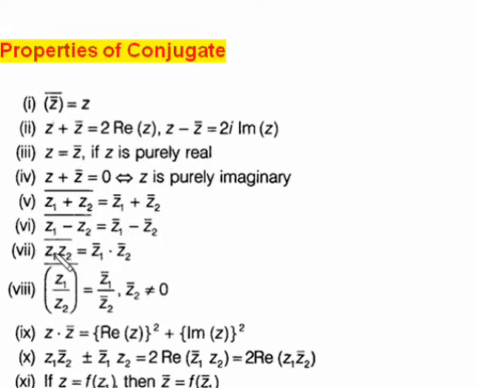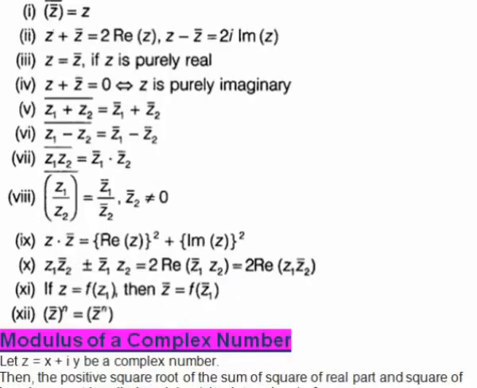The conjugate of the product of two complex numbers is equal to the product of the conjugate of the first complex number and the conjugate of the second. The conjugate of z1 upon z2 is equal to the conjugate of z1 divided by the conjugate of z2, where the conjugate of z2 is never equal to 0.